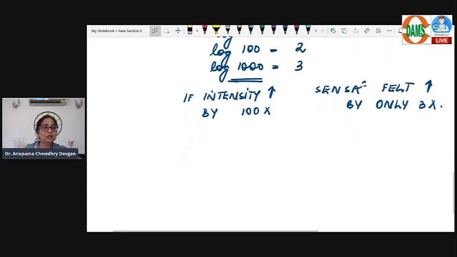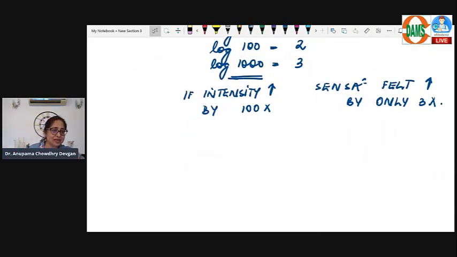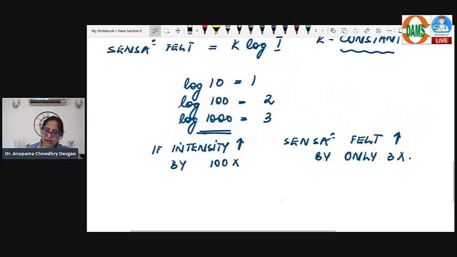That is thousands of times increase in intensity. But the sensation that you have felt will be proportional only to the log of intensity, not to the intensity. Have you understood? This is what is known as your Weber-Fechner law.